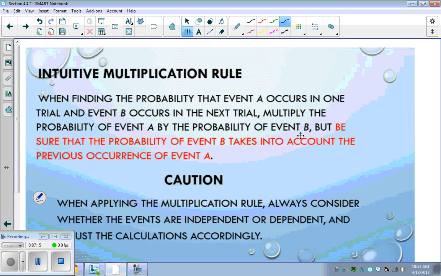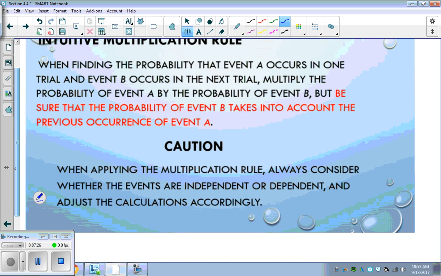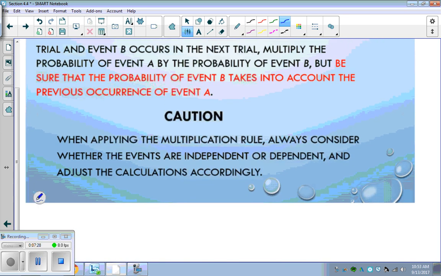Hey, what's the probability of the first one? And means multiply. What's the probability of the next event? Always make sure, when you're deciding how to do these, whether the events are independent or dependent. The card was a dependent, wasn't it?